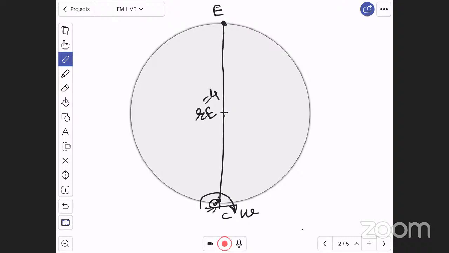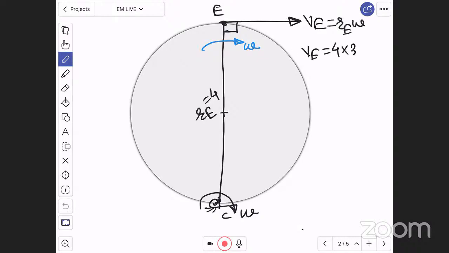What was the radius of the wheel? 2 meter. Then the diameter of the wheel will be 4. Perpendicular to this radius, in clockwise direction, there will be a velocity of E, which is R_E into omega. Therefore, velocity of E will be equal to R_E is 4, omega is 3 rad per second, which is nothing but 12 meter per second. The direction is the same and the answer is the same, right?